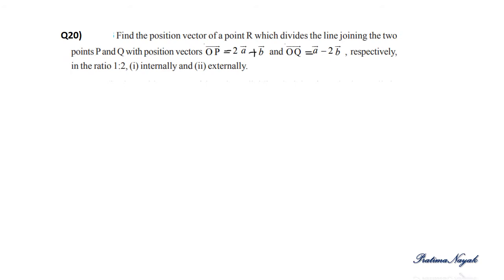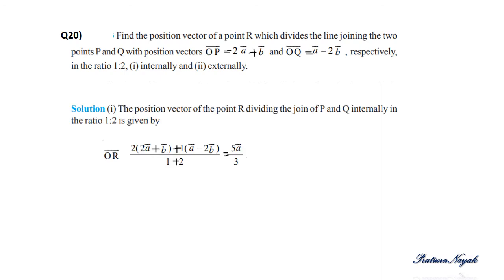Basic question. Find the position vector of R which divides the line joining two points P and Q. OP vector is equal to 2A vector plus B vector and OQ is equal to A vector minus 2B vector respectively in the ratio 1:2 internally and externally.